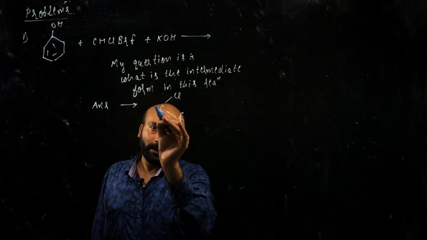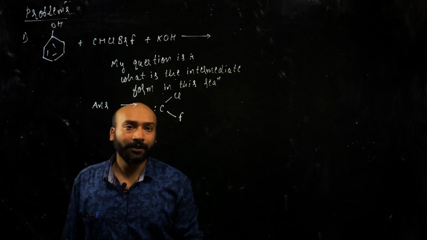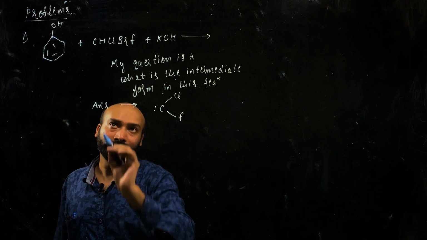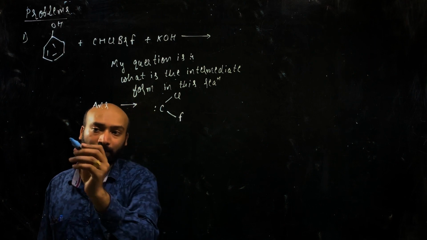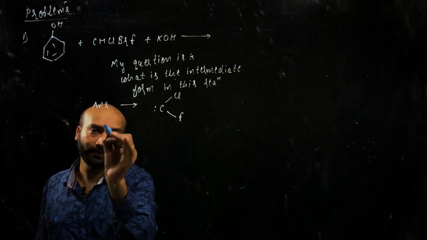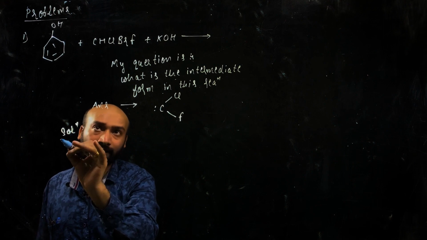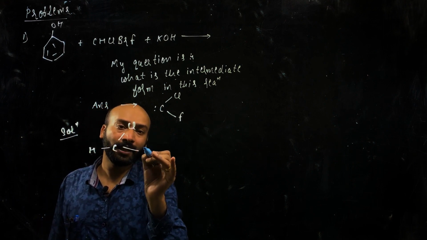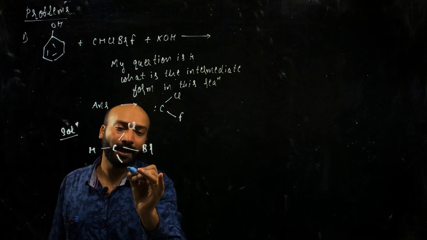I think everyone knows how this intermediate is formed, because first the acidic hydrogen is removed. Here is CHClBrF.